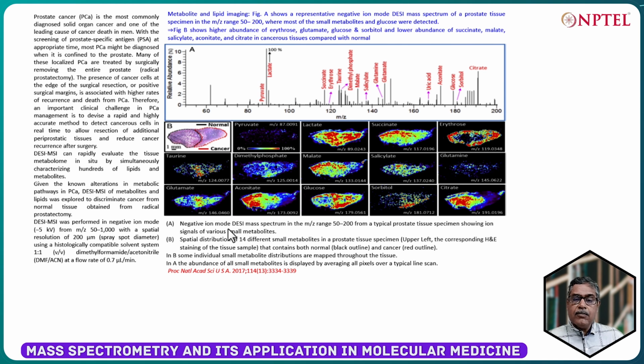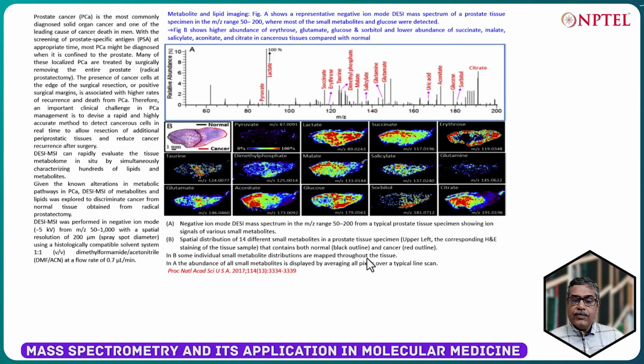Now, this is the negative ion mode DESI mass spectrum that the authors of this paper recorded, and then the spatial distribution of 14 different small metabolites in a prostate tissue specimen was highlighted. So, there are 14 metabolites, and this is the H&E stained tissue, the same tissue section.